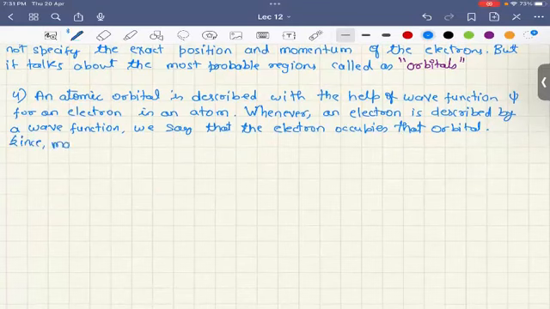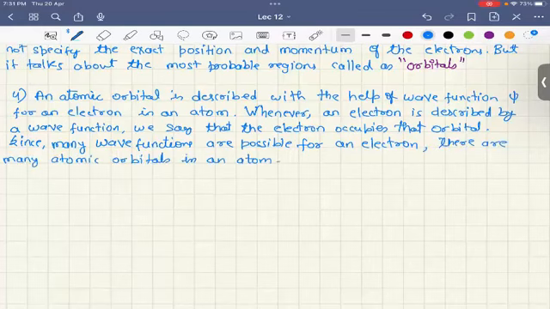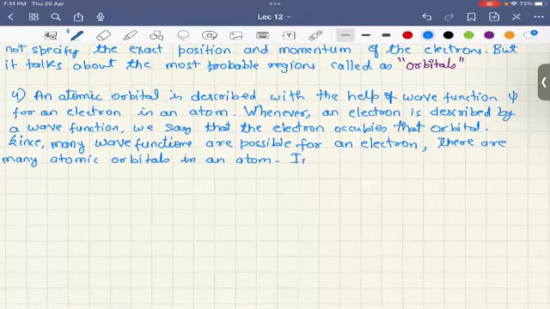Since many wave functions are possible for an electron, there are many atomic orbitals in an atom. In each orbital, an electron has definite energy.